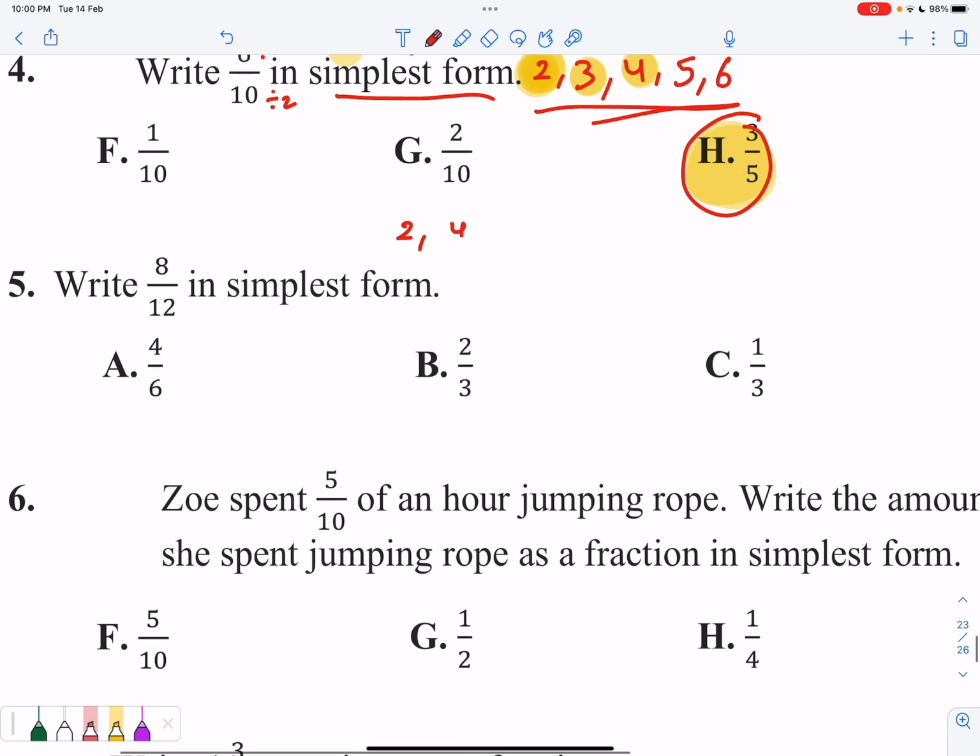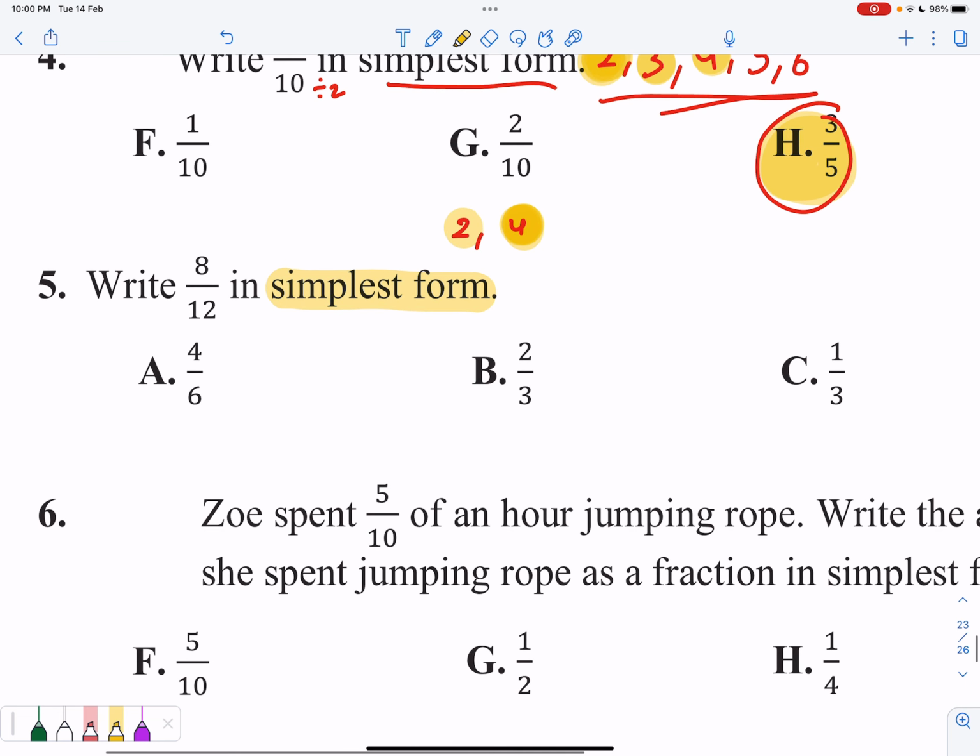So which one should I choose? Which one should I divide over, the 2 or the 4? Always, to write the fraction in the simplest form, you should choose the bigger number. So if you are able to divide that fraction over these two numbers, the 2 and the 4, always pick the bigger number. Always go with the 4.